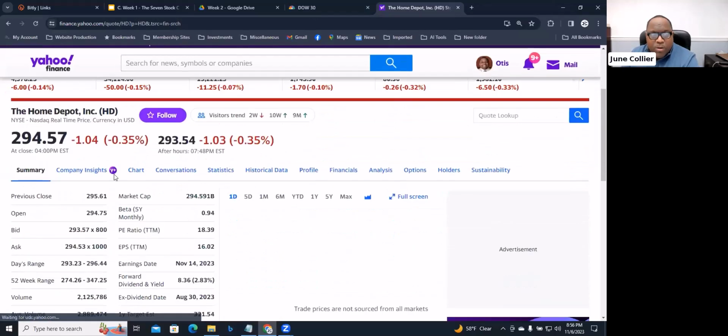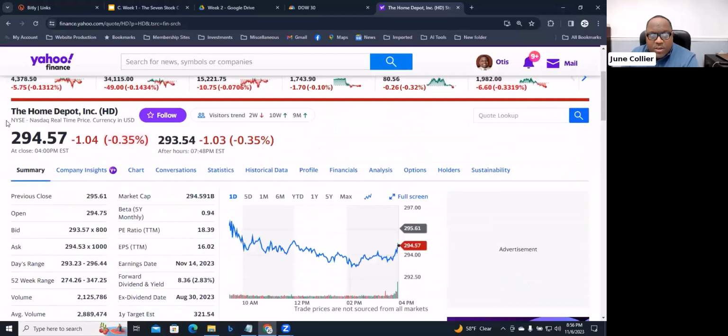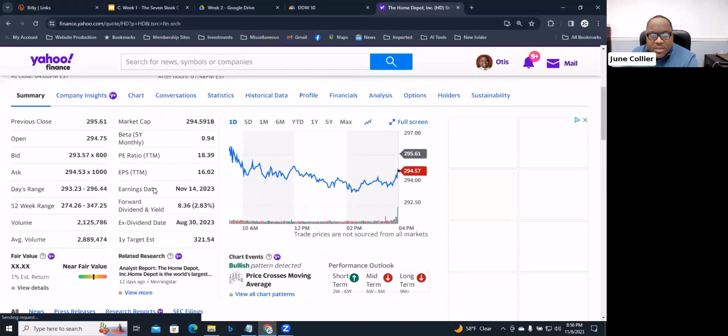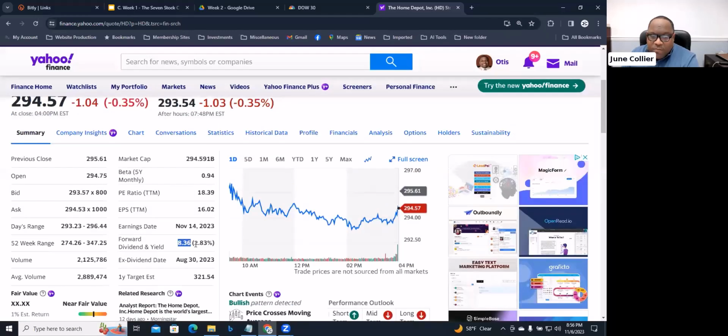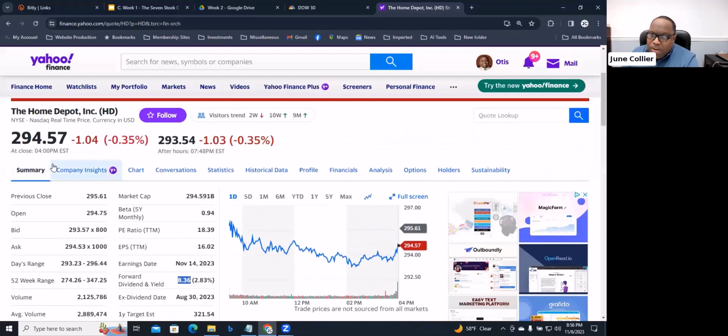We'll see that Home Depot is traded on the New York Stock Exchange. And what we're going to look at is right here where it says forward dividend yield. So Home Depot pays $8.36 a share per year on the stock, which is roughly 2.8% of the current price of the stock.